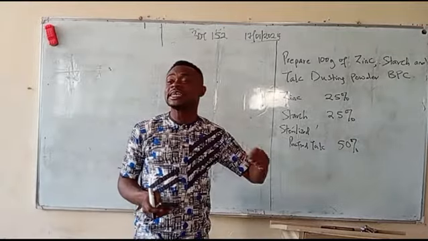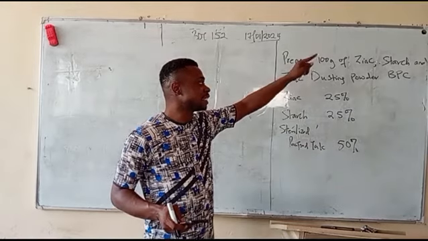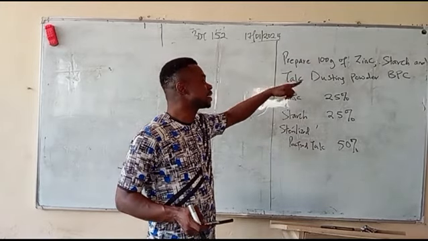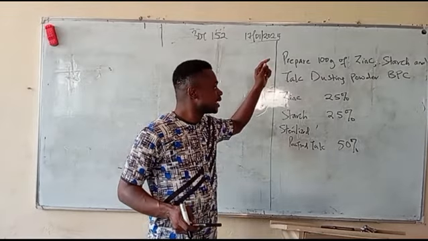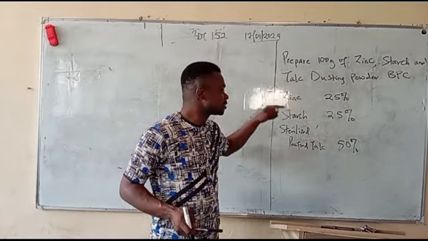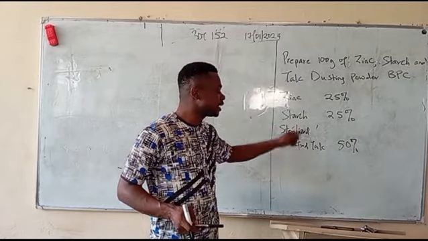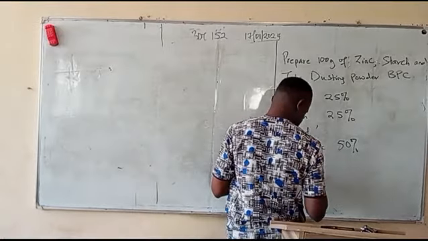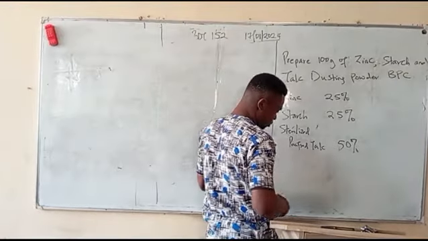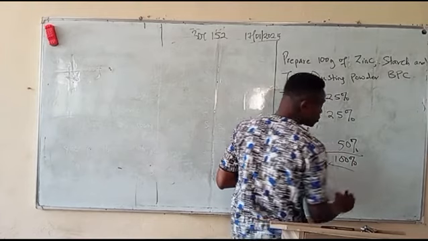The question says, prepare 100 grams of zinc, starch, and talc dusting powder BPC. Zinc 25%, starch 25%, sterilized purified talc 50%. If you add this percentage, it's 100%. Total is 100%.